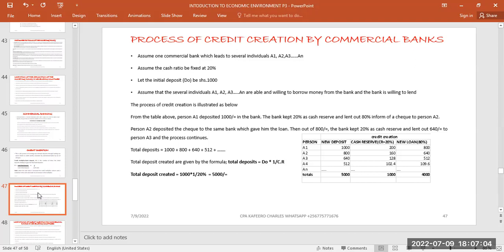Okay, let's go ahead. The first step is that we are just making assumptions. We assume one commercial bank which lends to several individuals. Of course, that's how it is.